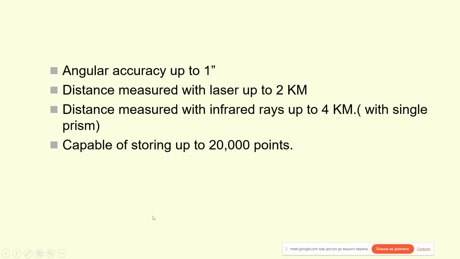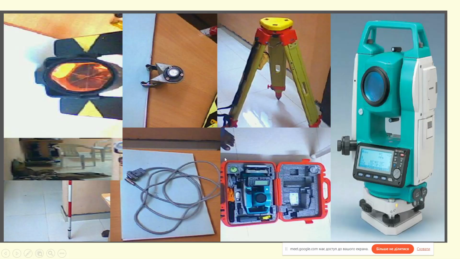Angular accuracy is up to 1 second of arc. Distance measured with laser up to 2 kilometers. Distance measured with infrared rays up to 4 kilometers with single prism. Capable of storing up to 20,000 points.